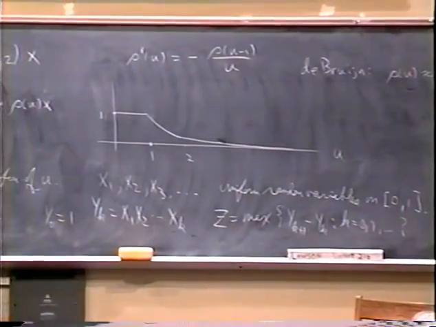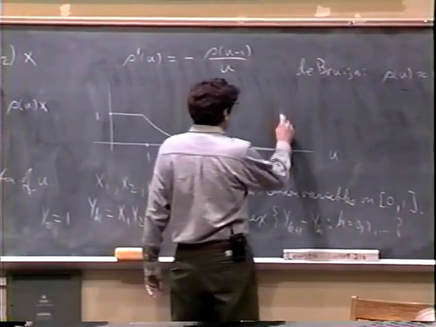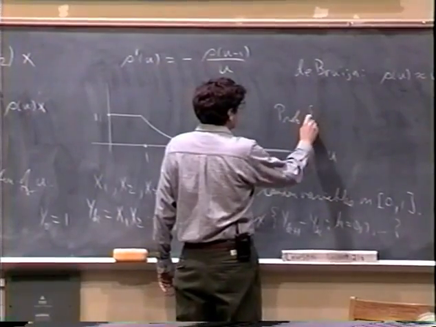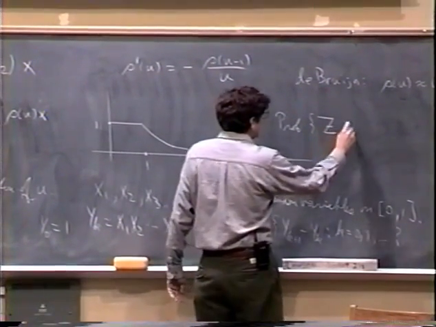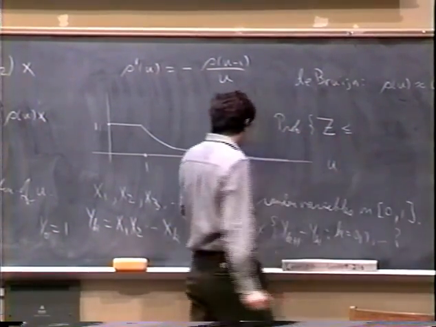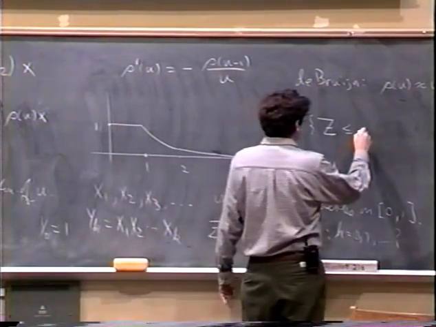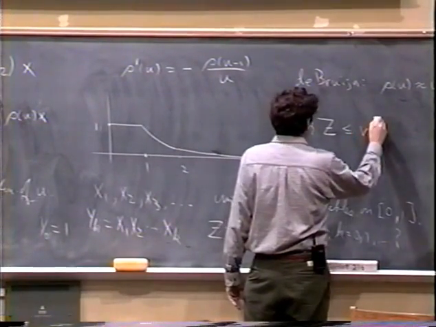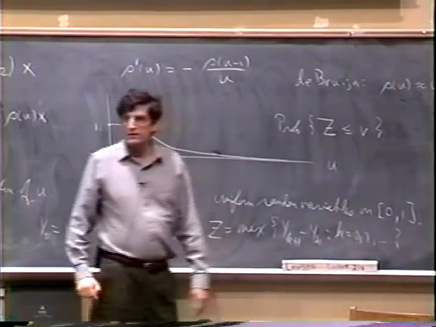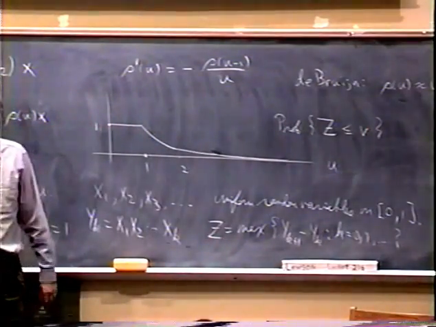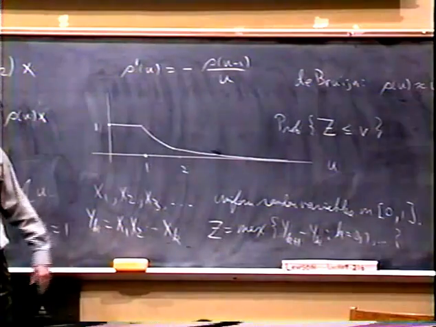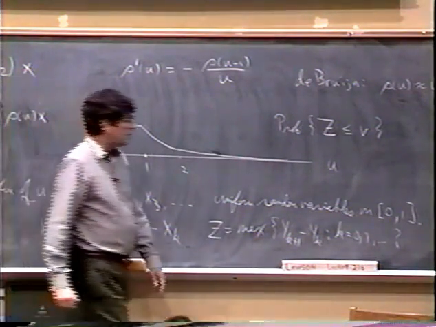So what is the probability that this maximum gap is less than or equal to, well, it's going to be some number in the interval 0 to 1, so let's say less than or equal to v. This is not a simple probability problem, but it's not too hard either. It's relatively elementary. You can work this out, and it works out to this.